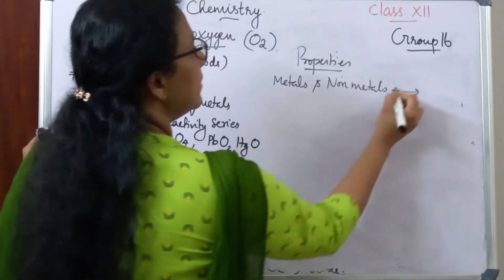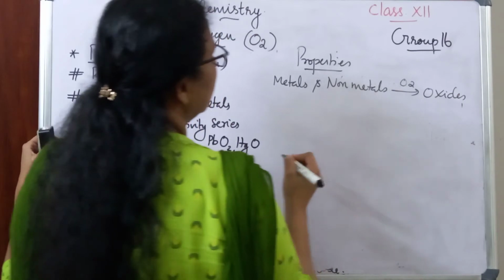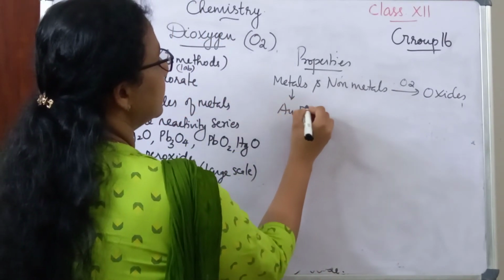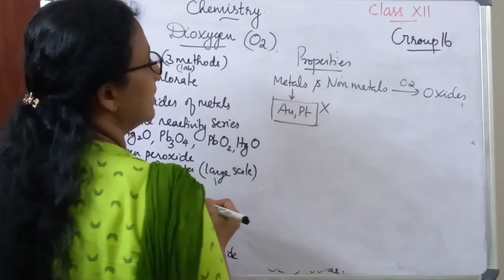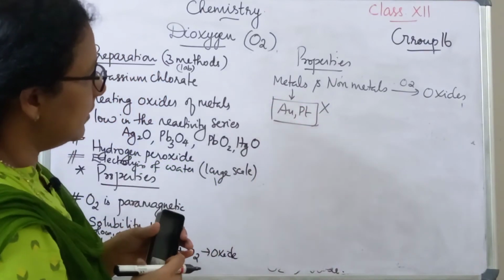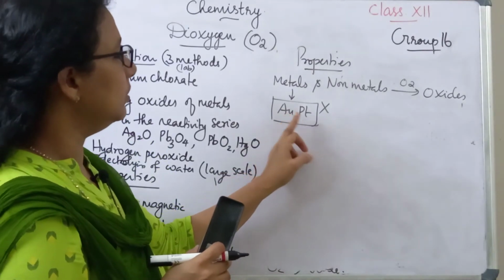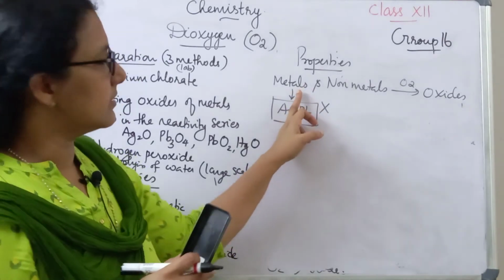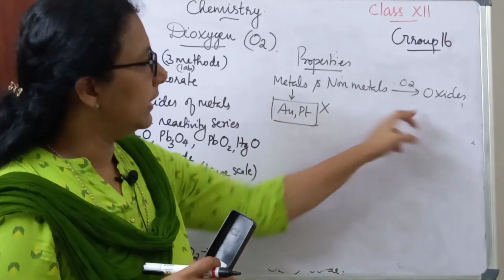But some metals like gold or platinum will not react with oxygen. So dioxygen will not directly react with gold or platinum. In all the other cases, metals and non-metals will form the corresponding oxides.